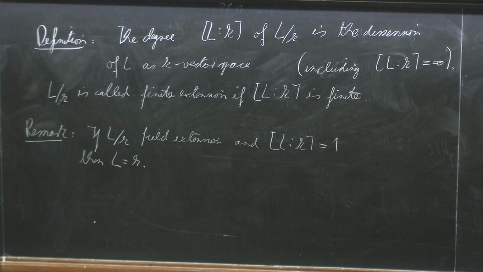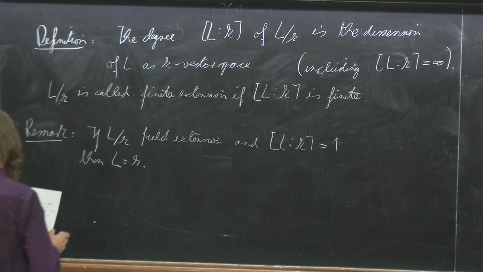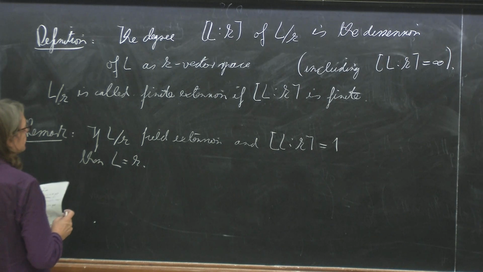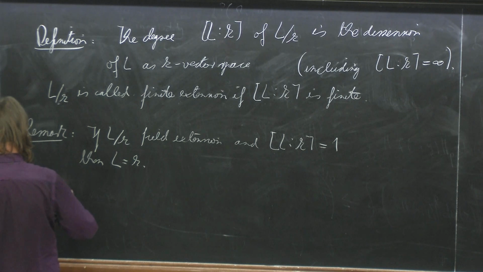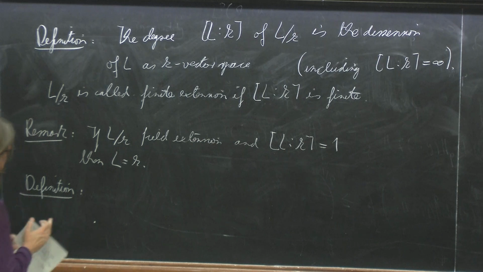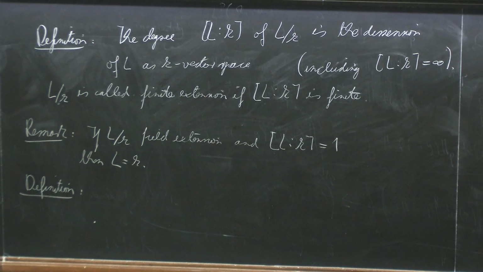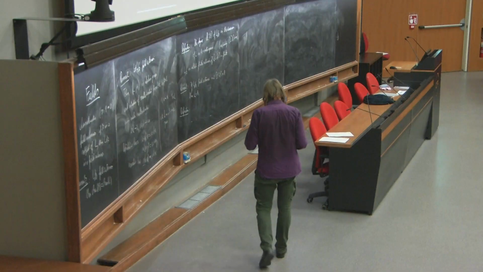So now we want to see, if we iterate field extensions, what happens to the degree of the field extension. For this, I introduce the word intermediate field, which we will also use often later. An intermediate field of a field extension is just a field which lies between the bigger and the smaller field.